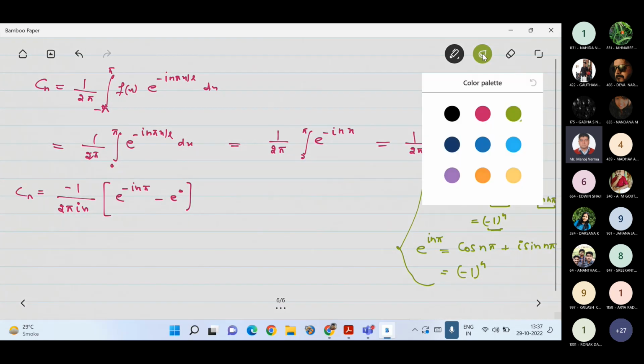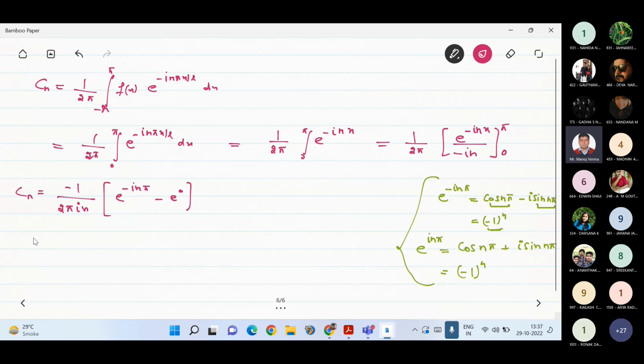So if I use this, Cn will become minus 1 divided by 2 pi iota n, times minus 1 raised to the power n minus 1. Now I can say that for odd values of n, minus 1 raised to the power n will become minus 1, and overall this bracket will give me minus 2.